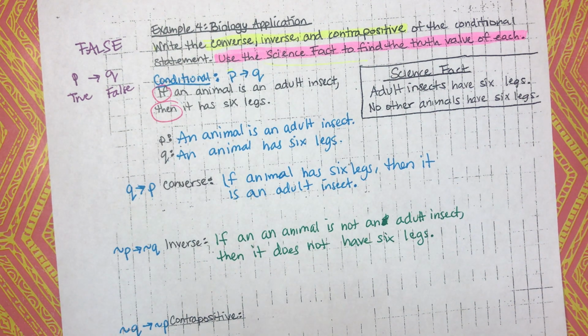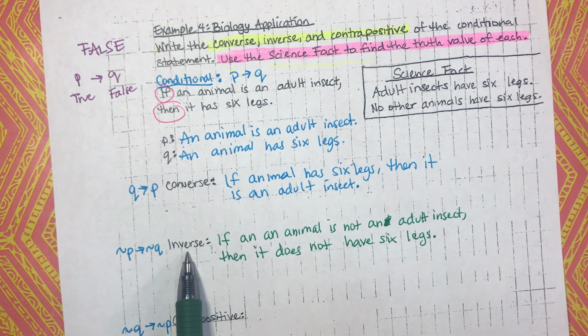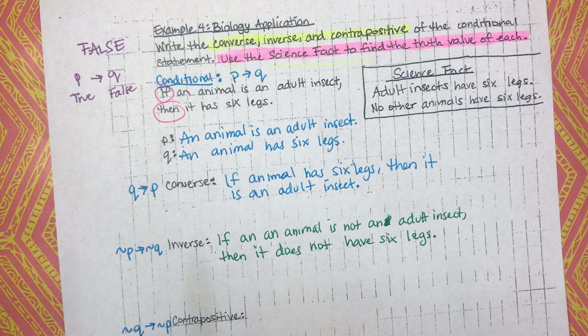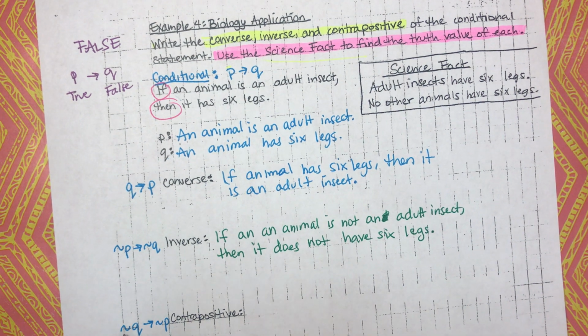All right, so that would be the inverse, and then we do the contrapositive, which would be the negation of the conclusion first.